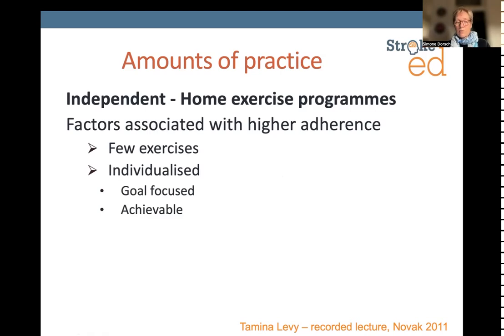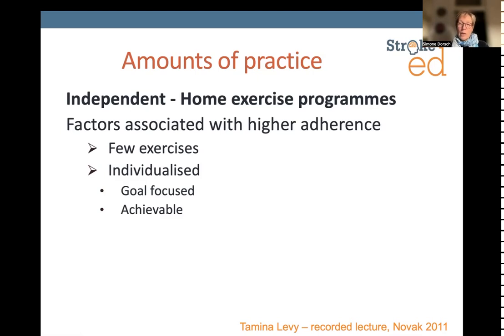This really comes from work done by Tamina Levy, who's an Adelaide-based physio who did a recorded lecture for us, so it sits within our freely available recorded lectures. In that recorded lecture, she's discussing the factors that influence people's adherence to an upper limb home exercise program, and it's a qualitative study.